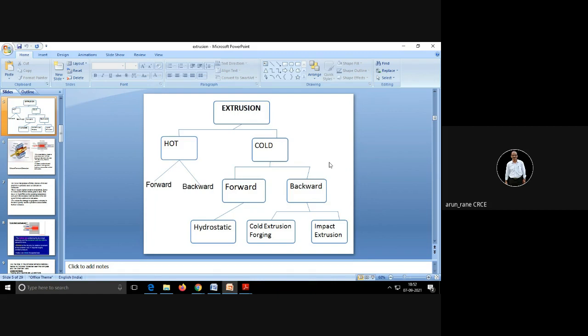Second thing is, in hot extrusion, the pressures or forces required are less. In cold extrusion, you need more pressure or more forces. Again, in cold extrusion, you have forward and backward. Forward can be done by hydrostatic extrusion, and backward cold extrusion can be done by cold extrusion forging or impact extrusion.